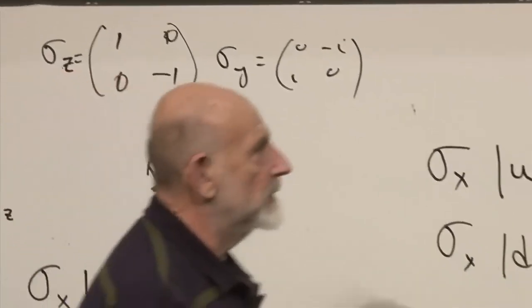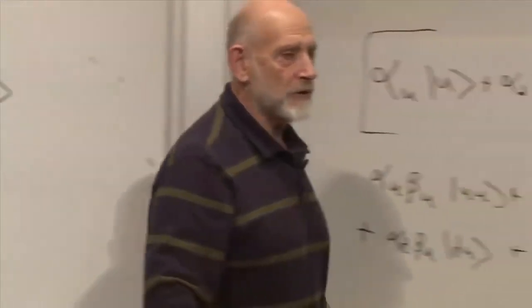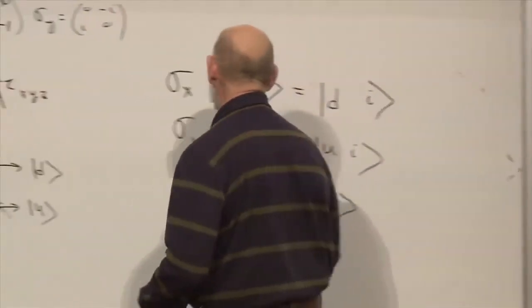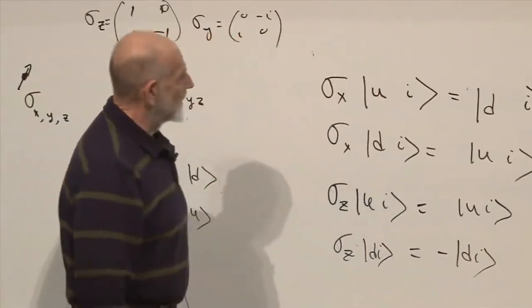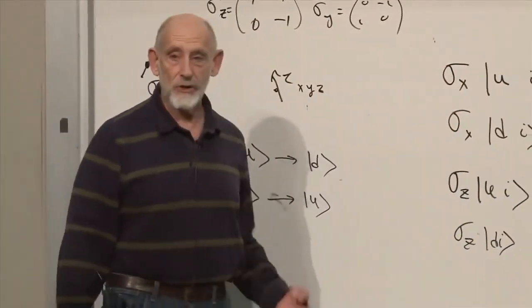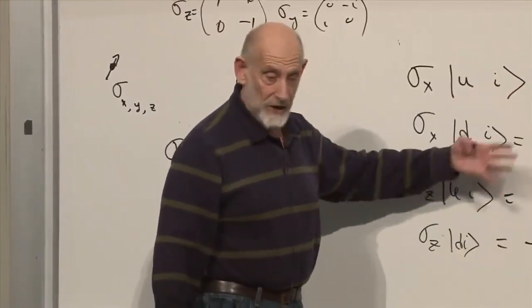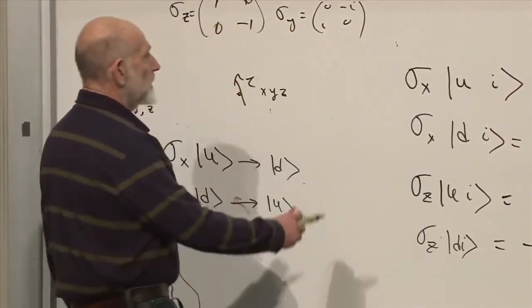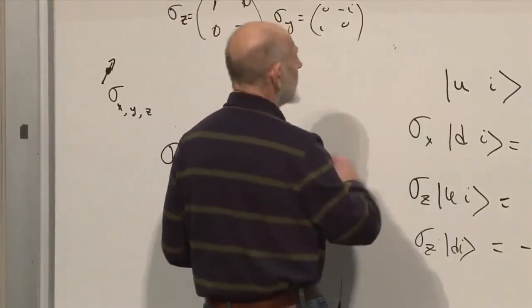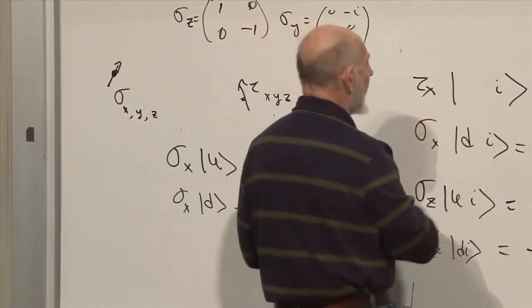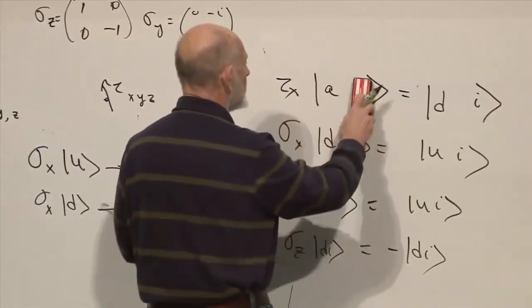Now how about tau? Well, tau does exactly the same thing, except that the first entry becomes the spectator, and only the second entry gets acted on. So let's do this one. Tau x on A up.